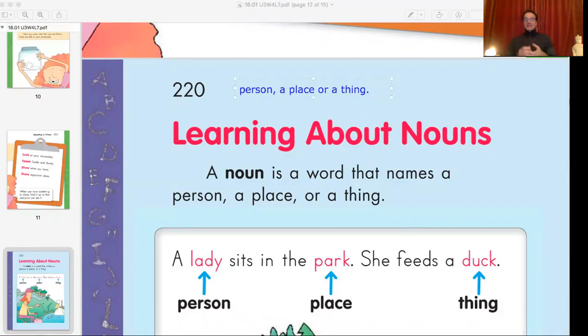These are things, and a person, Timothy, right here. Places like Minneapolis, Minnesota, Chengdu, China. Places where your house. Those are all nouns. So let's read about nouns. A noun is a word that names a person, a place, or a thing.